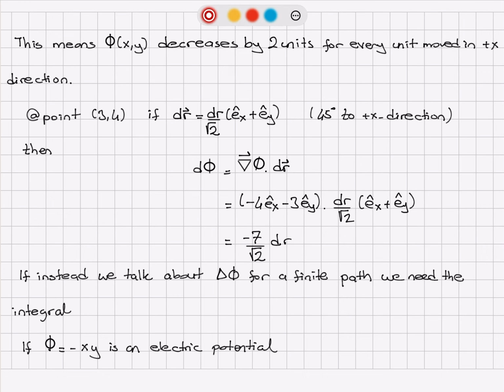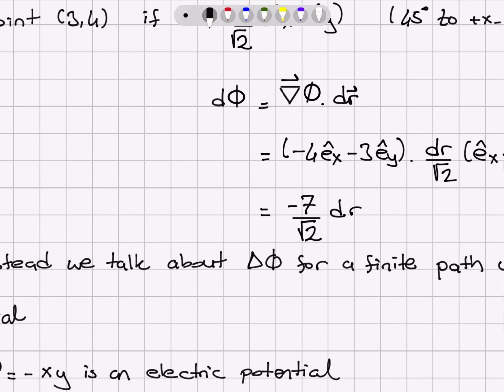Okay, so that's for another point. We have looked at the change in the function in a certain direction. If instead we talk about the change in the function for a finite path, we need to integrate this. So if not at a point but along a finite path, what is the change in the function, delta phi?